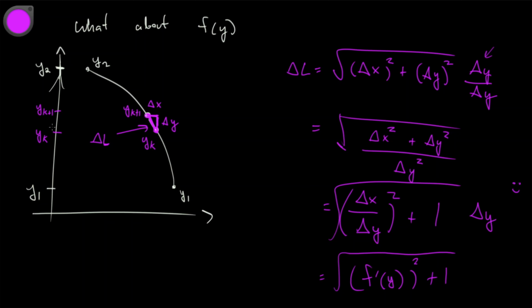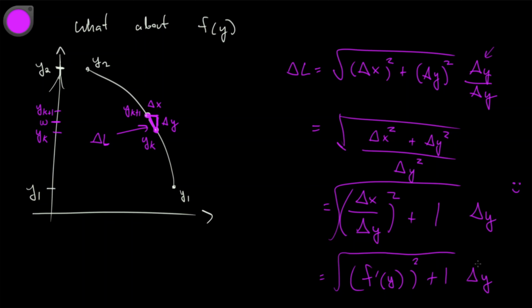There's still a value between y sub k and y sub k plus 1 such that the derivative of this function evaluated at that value, let's call it w, is going to be equivalent to the secant line, delta x over delta y. So because of the mean value theorem, we can turn this quotient into a derivative, which is very convenient for us.